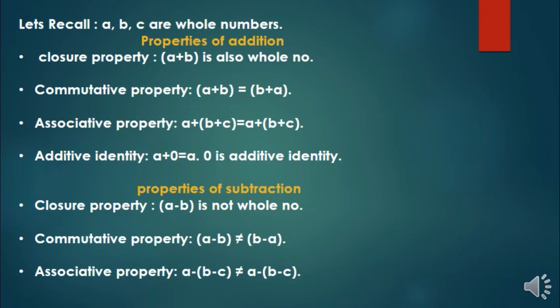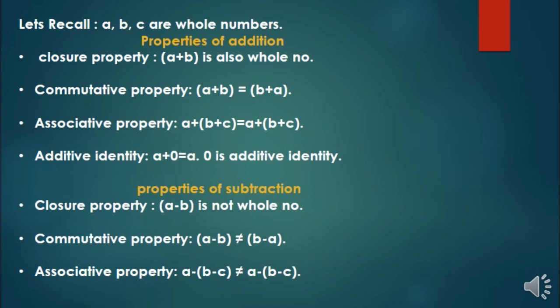Now let us see properties of subtraction. Closure property: a minus b is not a whole number for subtraction. Commutative property: a minus b is not equal to b minus a. Associative property: (a minus b) minus c is not equal to a minus (b minus c).